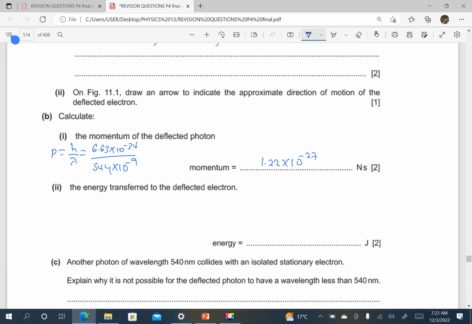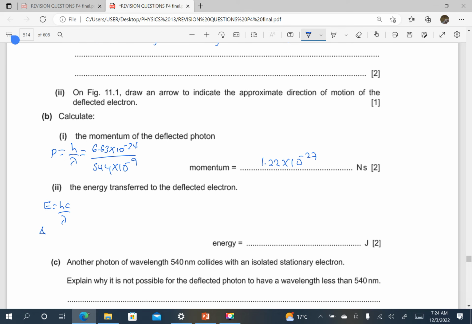Then the energy transferred to the electron. In other words, we want the difference in the energy before and after deflection. So the energy is equal to hc over lambda. The difference in energy is going to be the energy transferred to the electron.